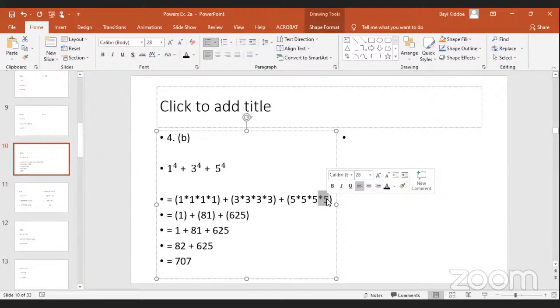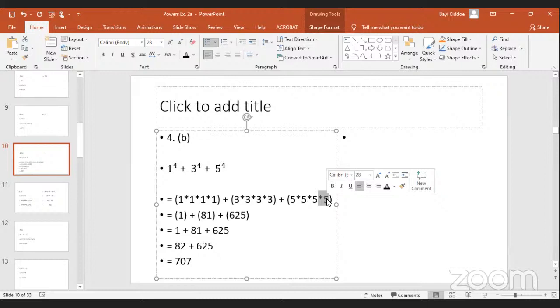Sorry about that. In the third section where it says 1 plus 81 plus 625, you say 82 plus 625. So what I did in the third row was add the 1 to the 81 and put down 82 and leave the 625.